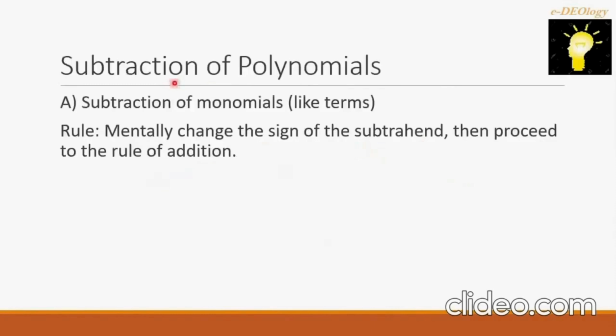Now let us go to subtraction of polynomials, starting with the first part, subtraction of monomials of like terms, meaning these are terms with the same literal coefficient. The rule is mentally change the sign of the subtrahend, then proceed to the rule of addition.